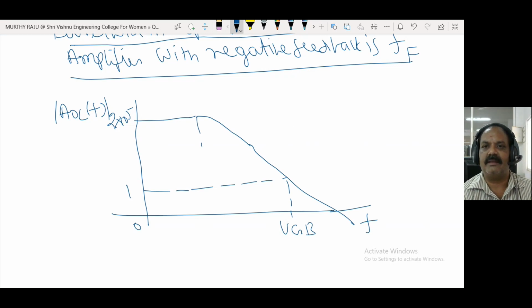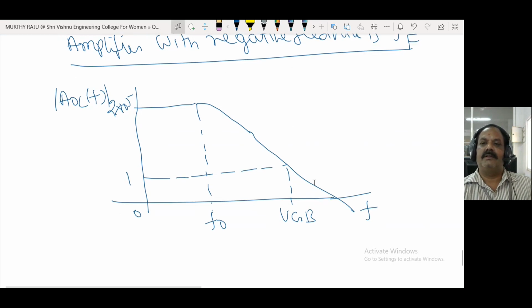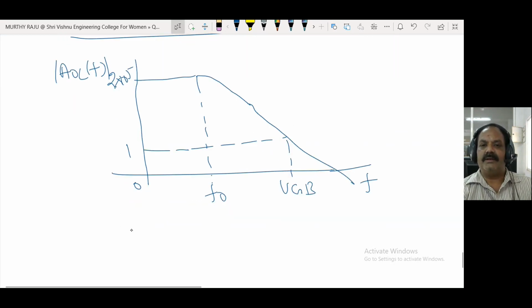This is the unity gain bandwidth product. We know that the bandwidth of an amplifier is defined as the band of frequency over which the open loop gain of that operational amplifier, as a function of f, is constant, up to f.